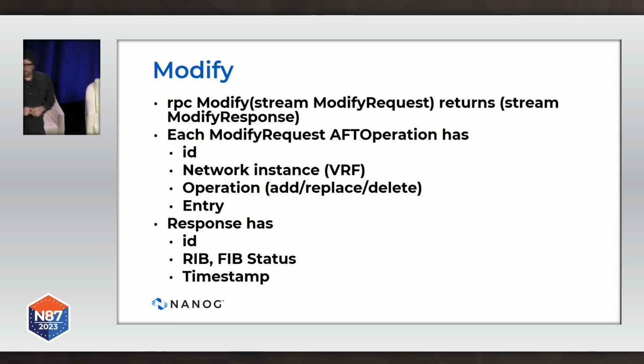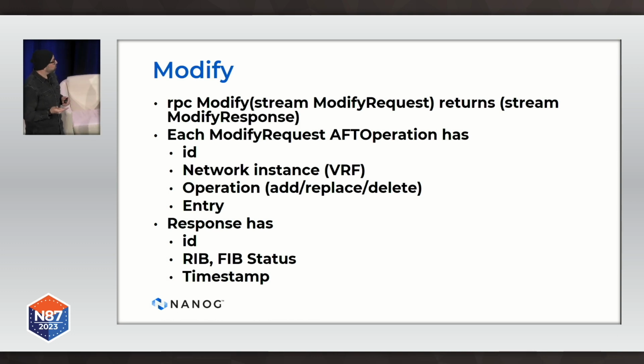So this is all defined using protobufs. These are standard gRPC and protobuf messages. The modify RPC is going to return a modify response. Each modify request operation, which is what we're actually sending to the routing device, contains an ID, a network instance or a VRF. Network instances are what OpenConfig refers to as VRFs.